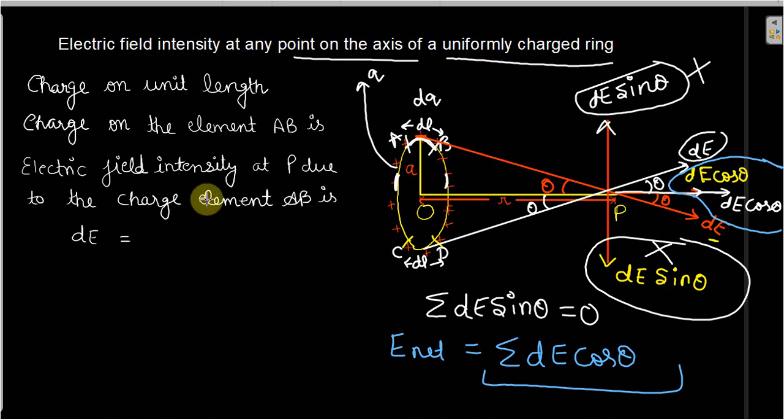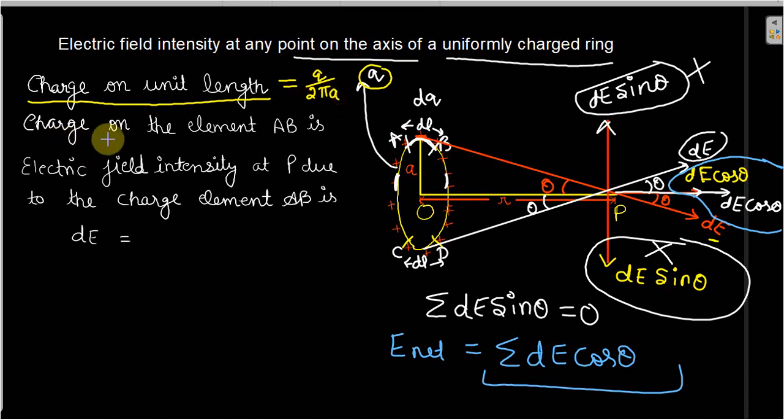Before proceeding, let us consider the charge on unit length. The total charge on the ring, sorry, it's a ring not a sphere, is Q, and the circumference or length of the ring is 2 pi a. So the charge on unit length will be Q by 2 pi a.